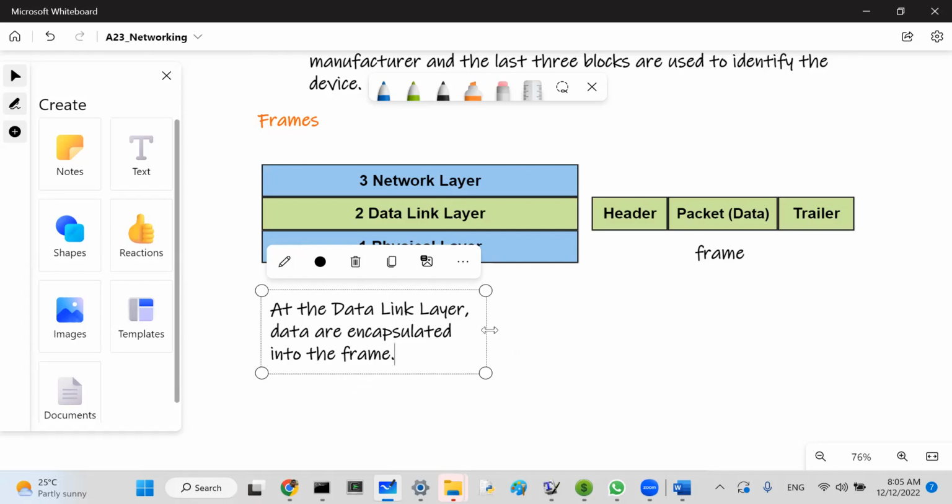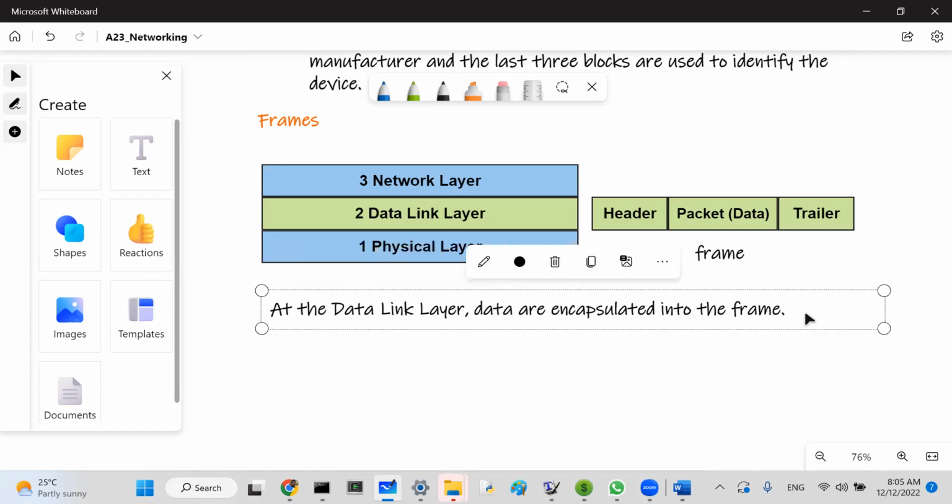Okay? So data like frames, we call it frames. And it consists of header, data, and trailer.